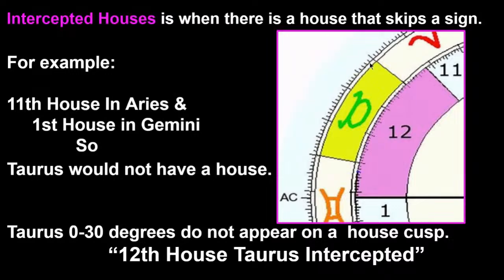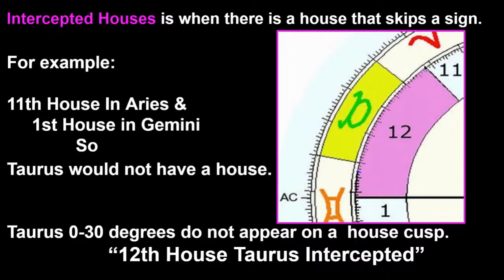So we have the 0, the 1, the 2, the 3, the 4, the 5, the 6, the 7, 8, 9, 10. So there's 30 of these. This is the 0 point, and this is the 30 degree mark.